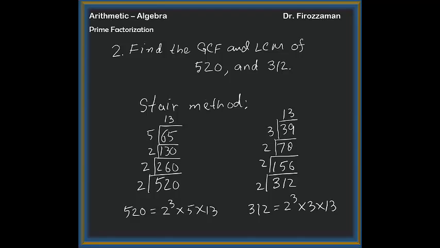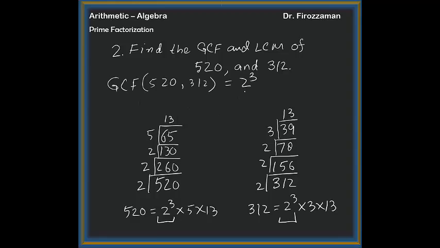Question number 2. In this we are saying find the greatest common factor and the least common multiple of 520 and 312. So these two questions are very straightforward. When we are looking for the GCF of 520 and 312, we have figured out 2 to the 3 is common, and also we have 13 common.